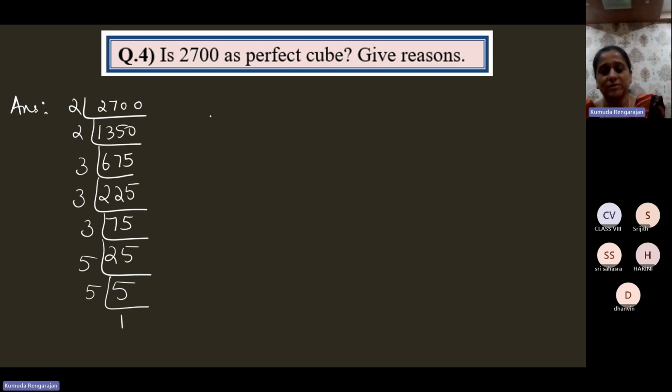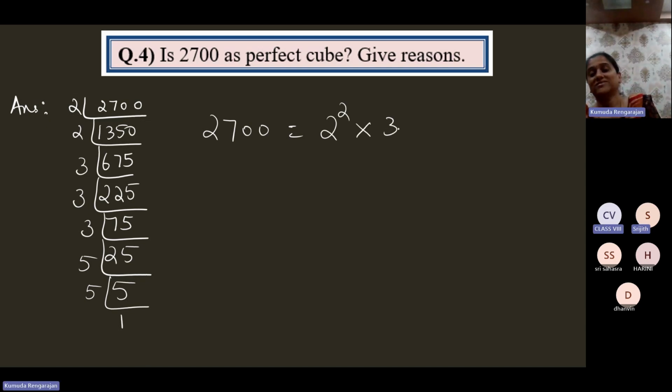So now what's the next step? What should I write now? Ma'am, 2,700 is equal to 3 cube and 5 square and 2 square, ma'am. No. 2 square into 3 cube, ma'am. 3 cube, ma'am.